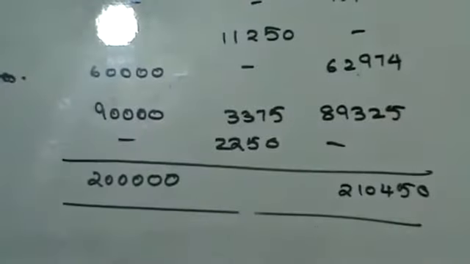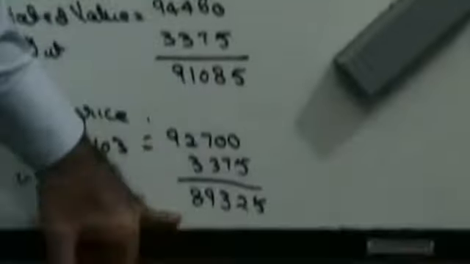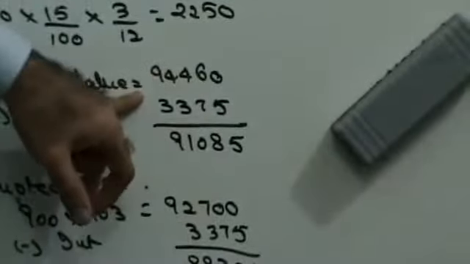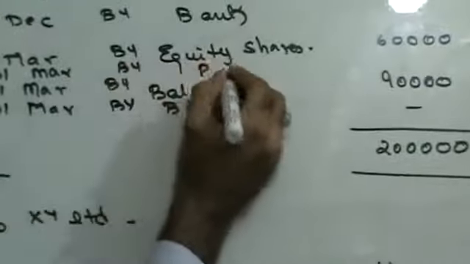Now, the difference between the two closing stocks: you have to calculate the difference between 89,325 and 94,460, because that was my tallying figure. 5135. That is to be written here as 31st March by P&L.